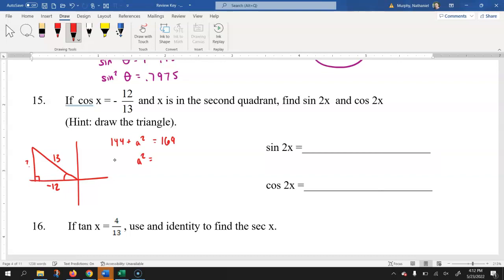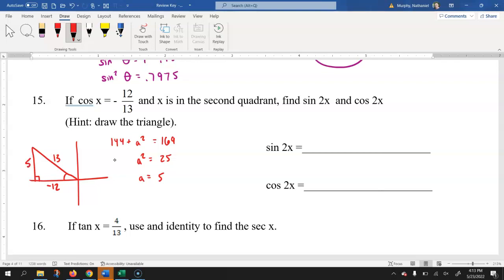And if I subtract 144 from both sides, I get a squared equals 25. Now, technically, when I take the square root of both sides, I'd have plus or minus 5. But I know over here in quadrant 2, my y value is going to be positive. So we're going to say that this is a positive 5.